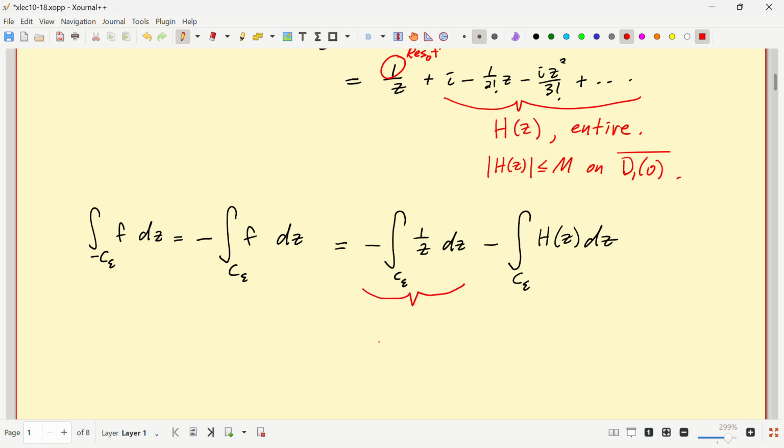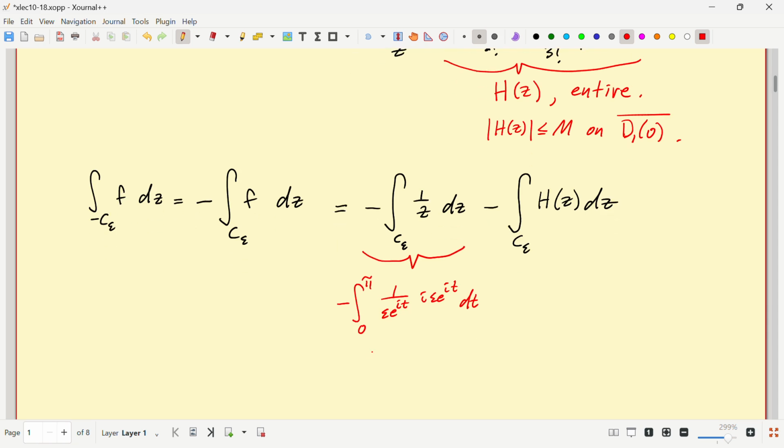This is going to be minus the integral from 0 to pi of 1 over epsilon e to the it, i epsilon e to the it dt. The epsilons cancel, the e to the it's cancel, and I just get i integrated from 0 to pi. So this is going to be equal to minus i.